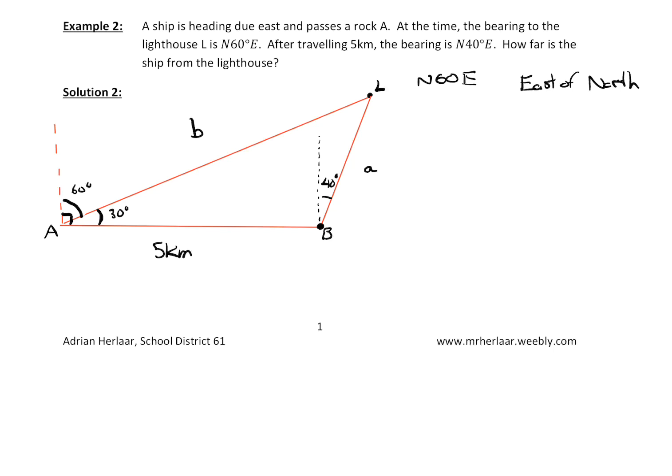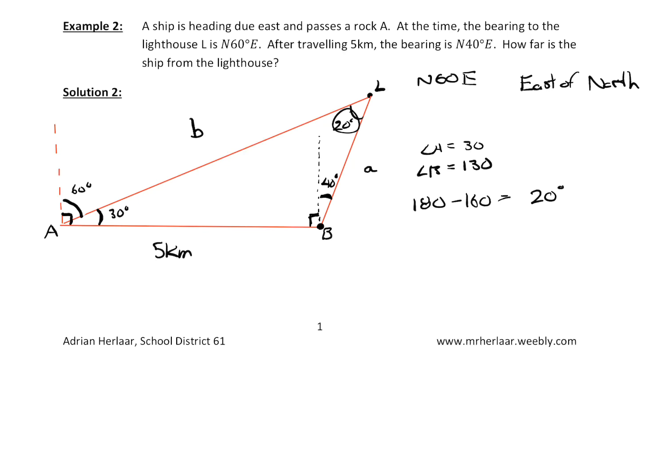So if we know this angle, we don't know angle B, but we know that that's 40 and that's 90. Okay, well, that means that angle A is equal to 30. Angle B then is 90 plus 40, so 130, which means that angle L is going to be 180 minus 160, so 20 degrees. So now we know that that's 20.